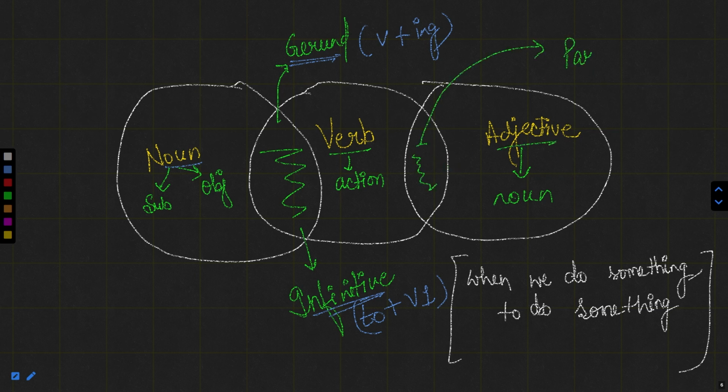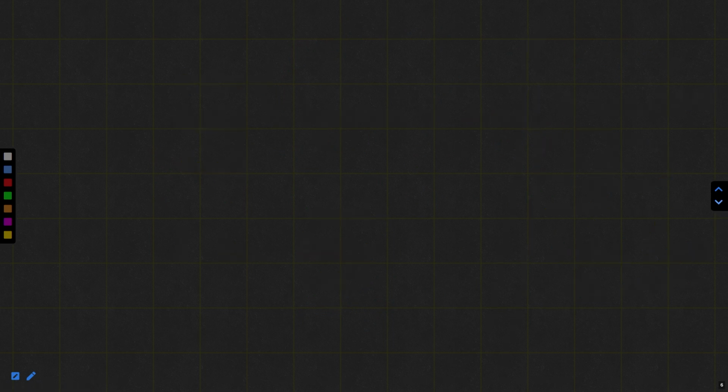Now, participle can be of various types that we are going to elaborate in our later sessions. But here we are just going to discuss that if the word which looks like a verb but it behaves like an adjective, that is known as participle. And let us have some examples.